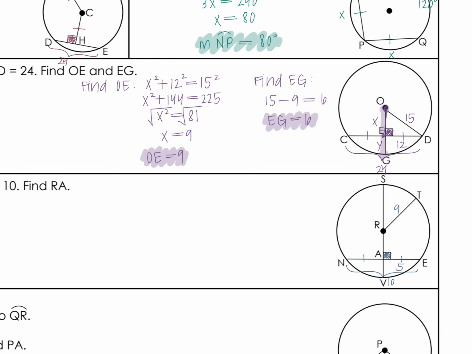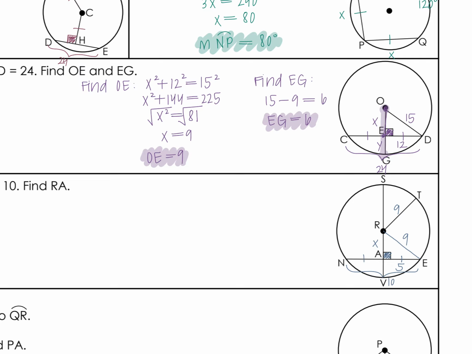And we are asked to find RA. I'm going to call this X. So from R to A, I want to find that length. What I'm going to do is create a right triangle, kind of like what we see in the previous problem. And that RE that I just drew is another radius, so I can use that same 9 that was given earlier.